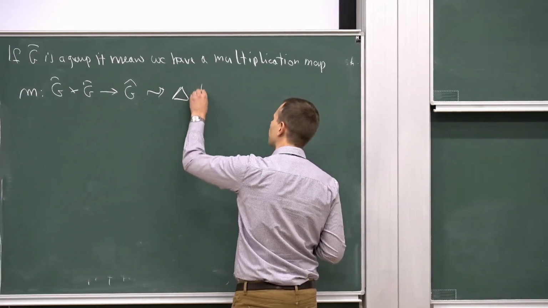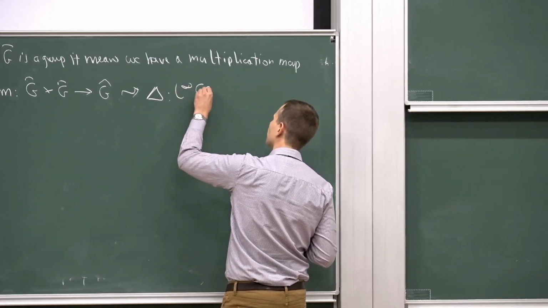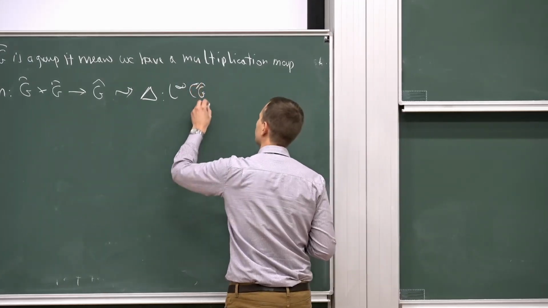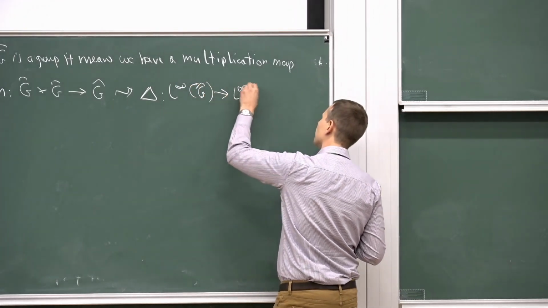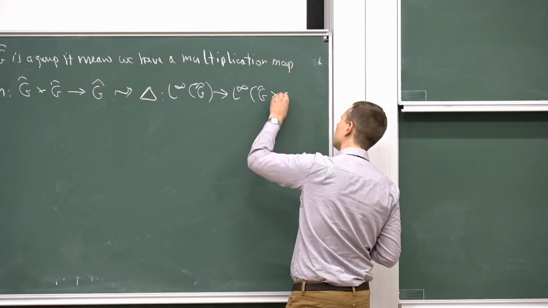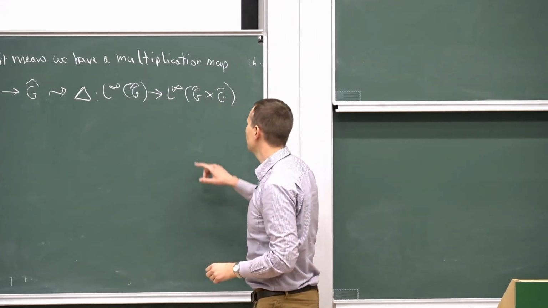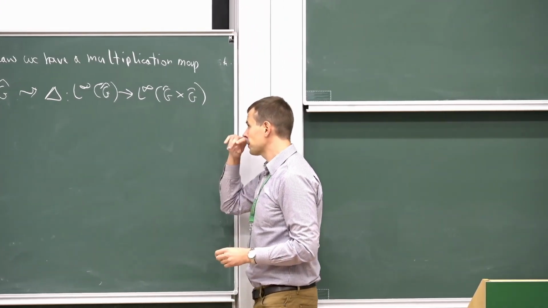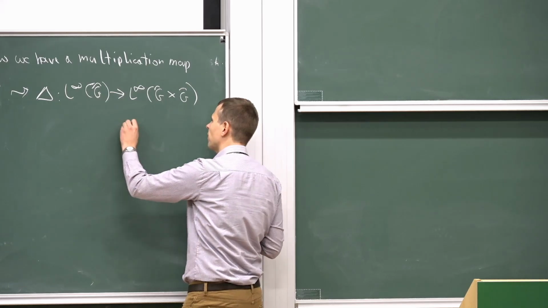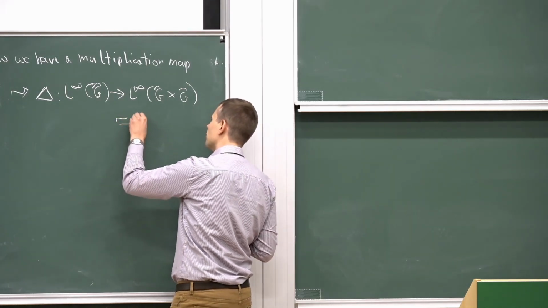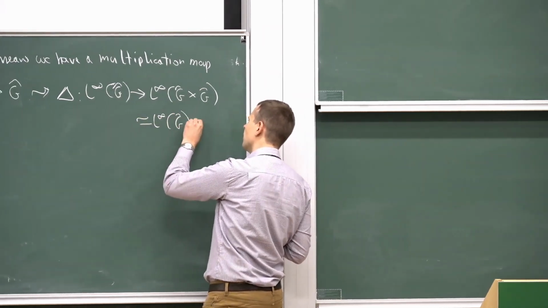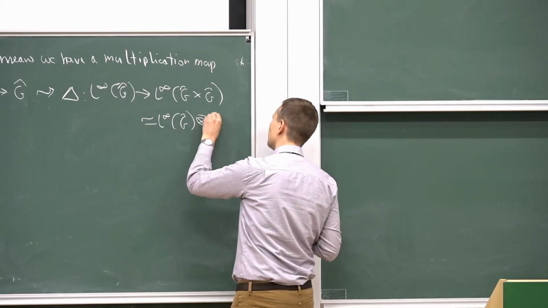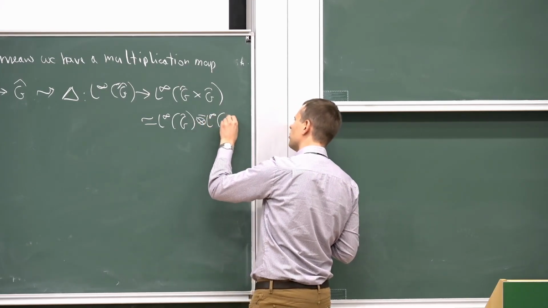Well, we should go from C-zero of infinity of G hat to C-zero of infinity of G hat times G hat, but then this algebra you can identify with a tensor product. So what's the tensor product of von Neumann algebras or C-star algebras?